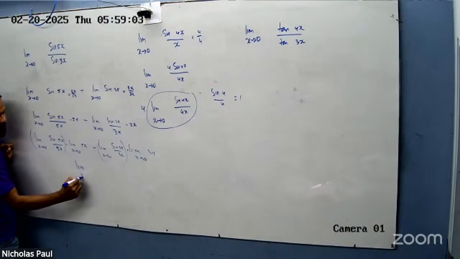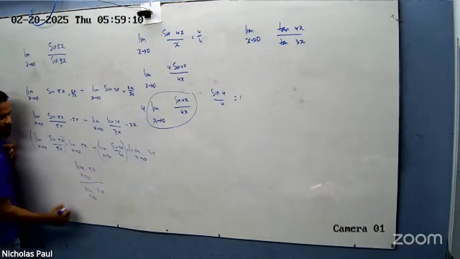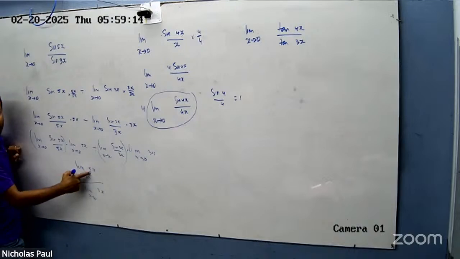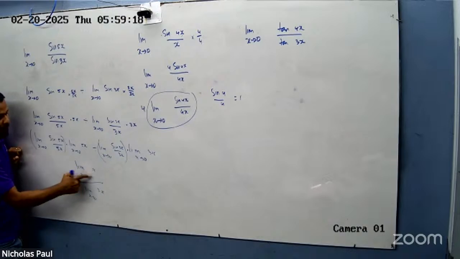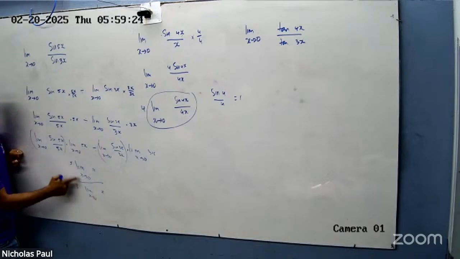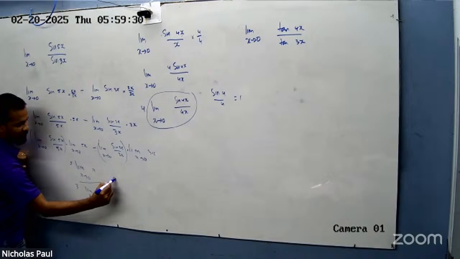The limit as x approaches 0 of 5x over the limit as x approaches 0 of 3x. Right? Can I pull out the 5 and 3? Can I pull out the 5 here? Can I pull out 3 here? What is this? This will cancel to give you 1, right? So you will end up with 5 over 3.